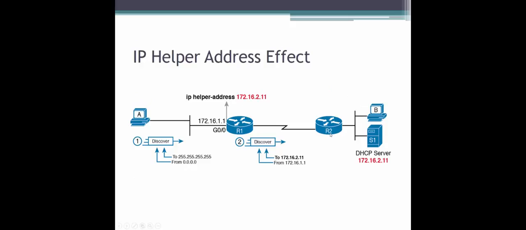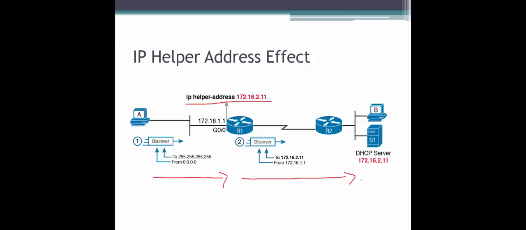But what happens when your network does not have a local DHCP server? Can you actually have it as a separate device on a different network? Sure. We have what's called an IP helper address. Basically, the same steps will be applied, but we'll send it to our router. Our router will then forward it to the helper address.